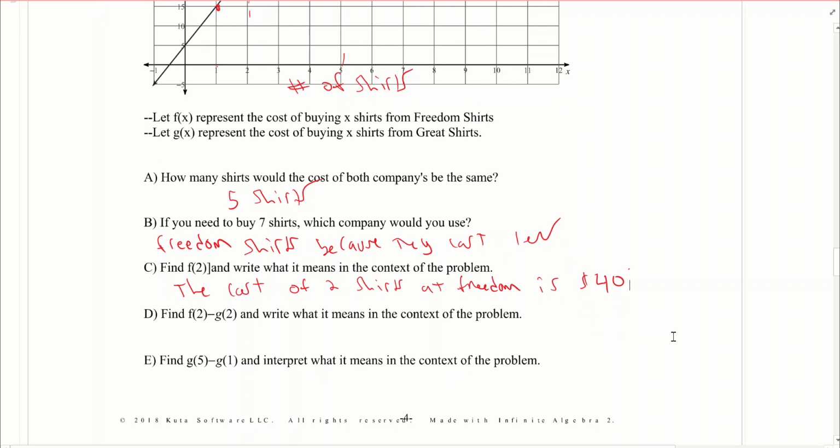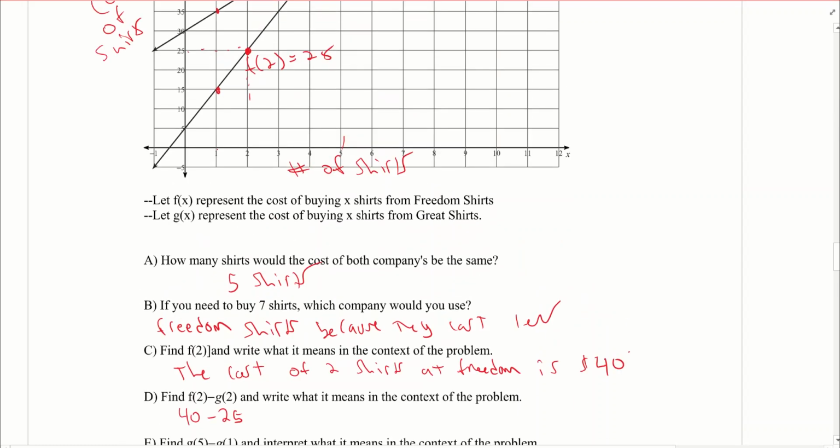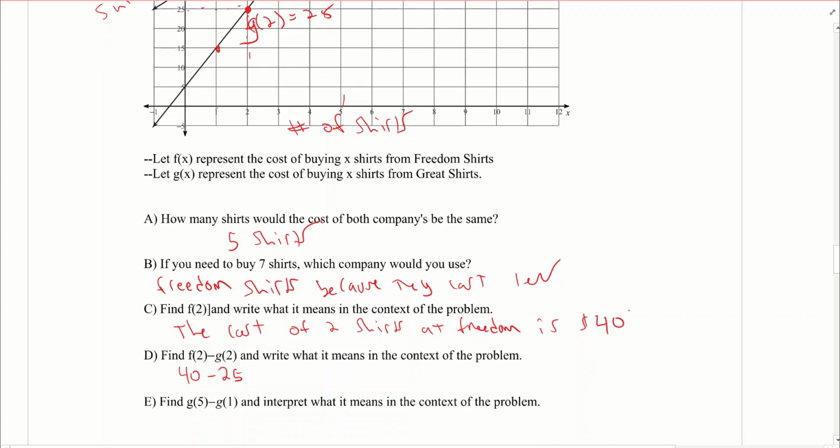It wants us to find f of 2 minus g of 2. F of 2 we just saw was $40. G of 2, with that mistake I just made, is $25, right? Again, you can go up to the graph and look at it. G of 2 is $25. And so 40 minus 25 is $15. What did we just find? Well, we just found the difference in cost from the two companies.